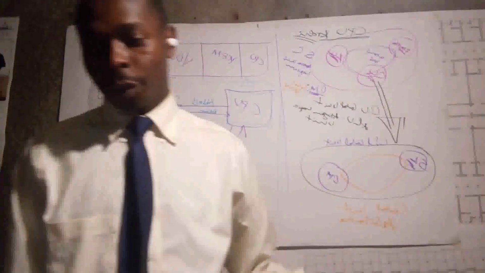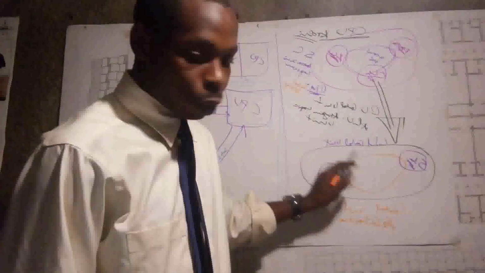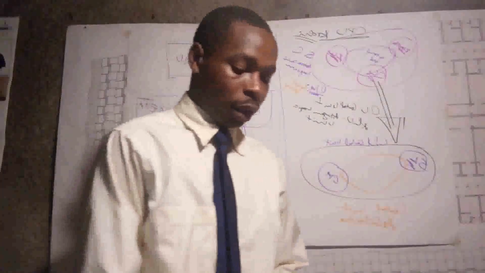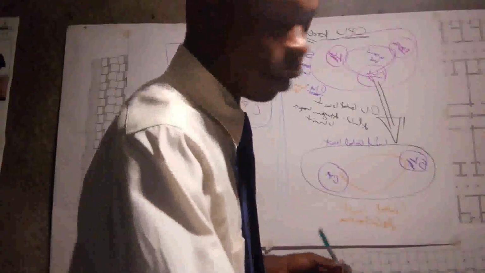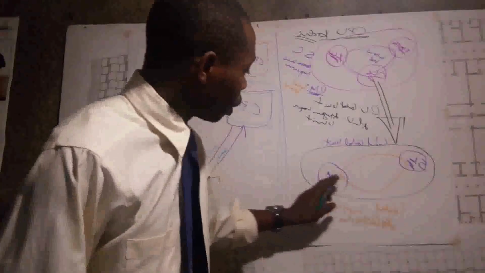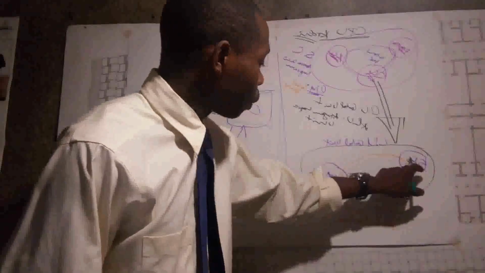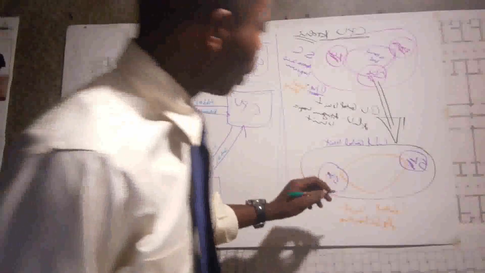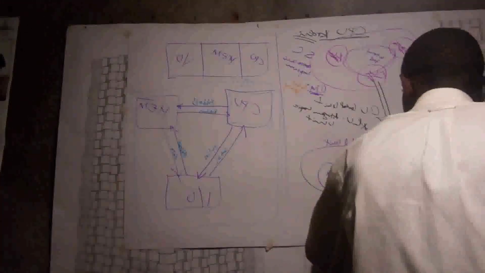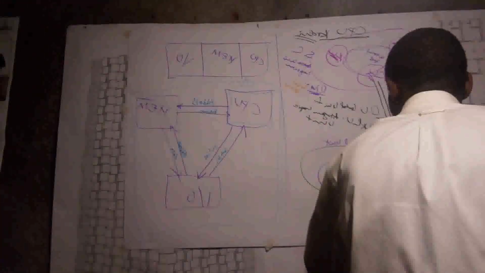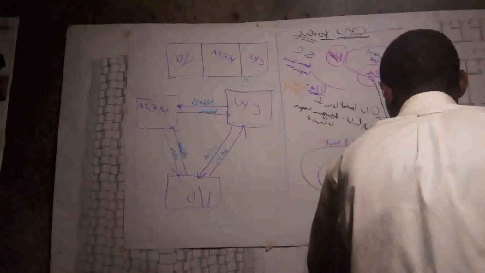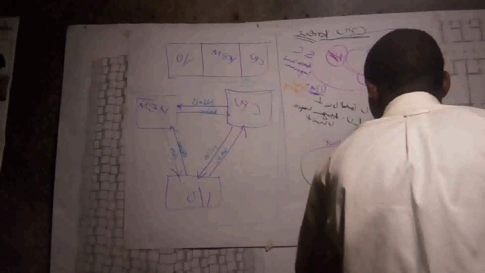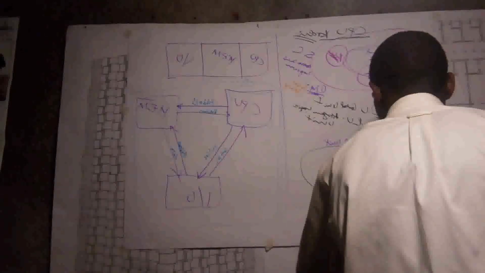For these parts, I'm going to use green. Connecting the control memory and the sequencing logic are the control unit registers and address.